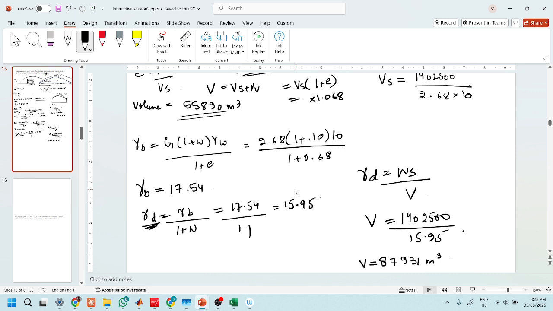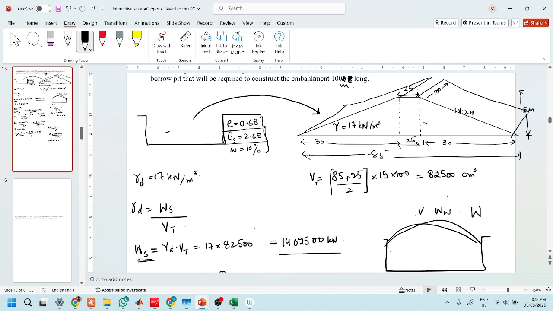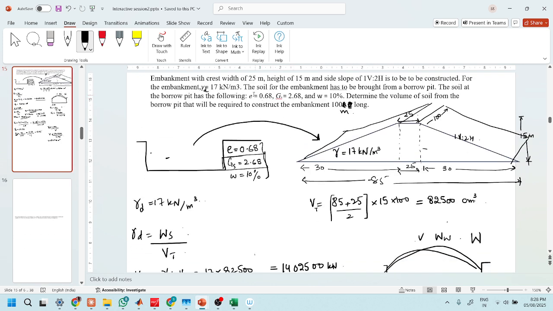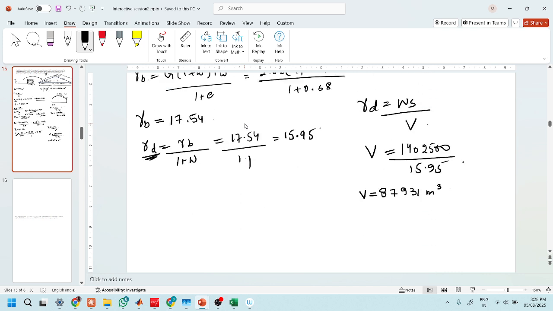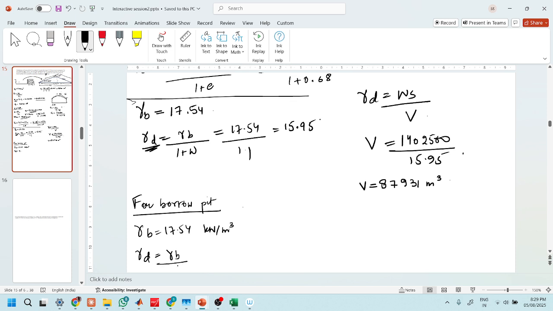Gamma d is the gamma bulk divided by 1.06, correct?